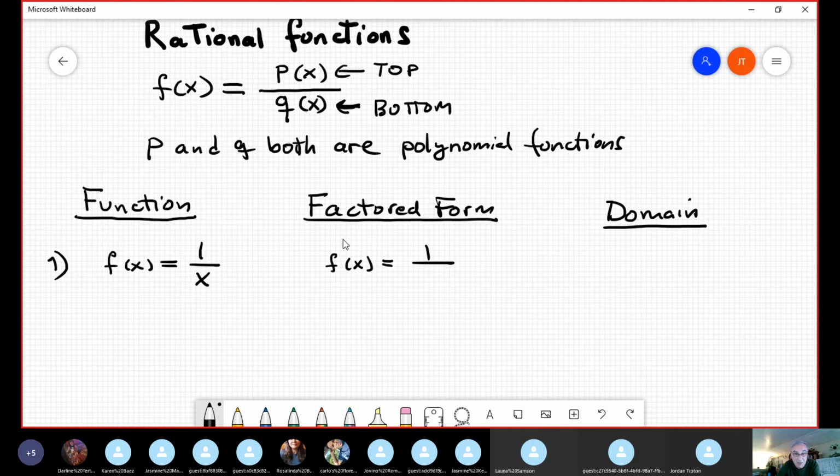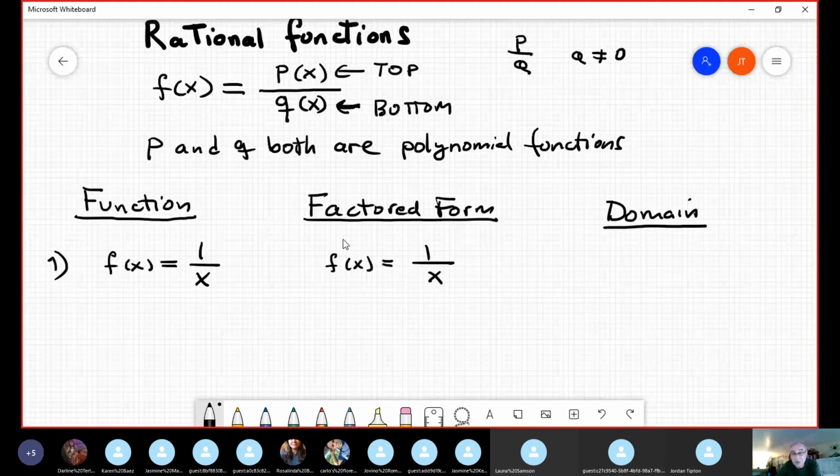Break down 1, break down x, it's the same. And the domain is obvious, it is all real numbers except 0, because of division by 0. Remember the famous restriction that we studied, p divided by q, and q not 0. In this case, q is x. So it is all real numbers except 0. 0 is the only bad guy that we have in this function.